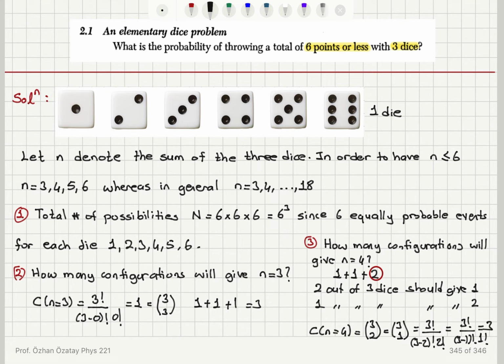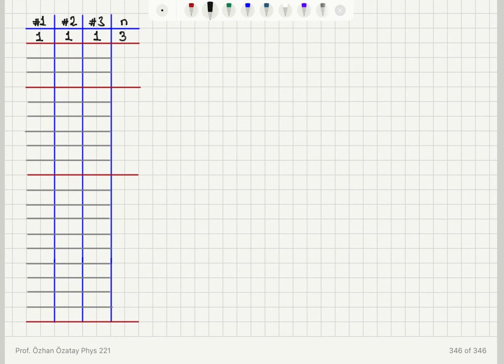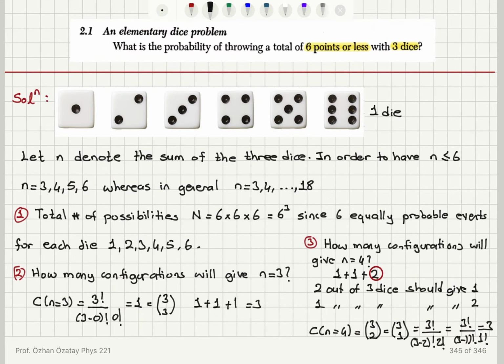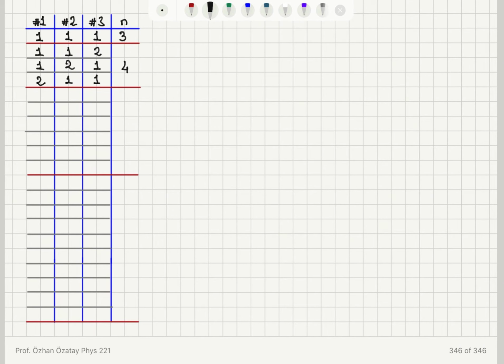So let's list these in our table. In order to have n equals 4, we can have 1, 1, 2; 1, 2, 1; and 2, 1, 1. So this is the scenario that would give us n equals 4. So for the fourth step, I have to consider how many configurations will give n equals 5.